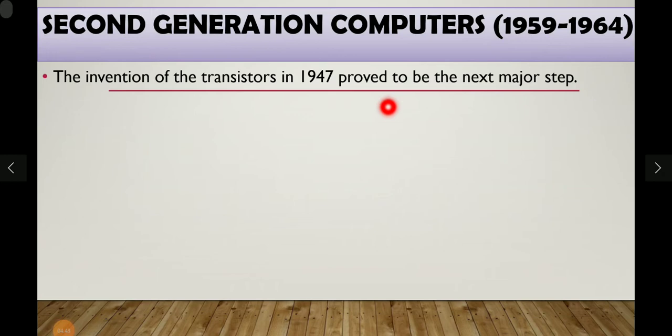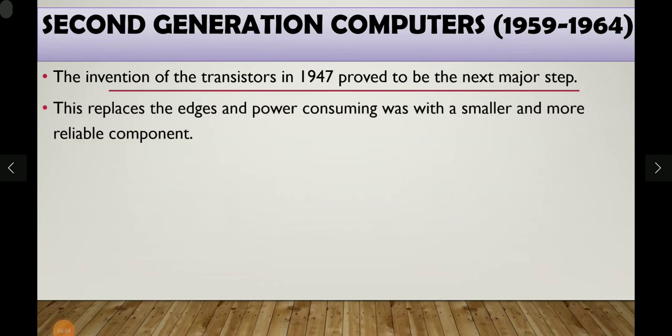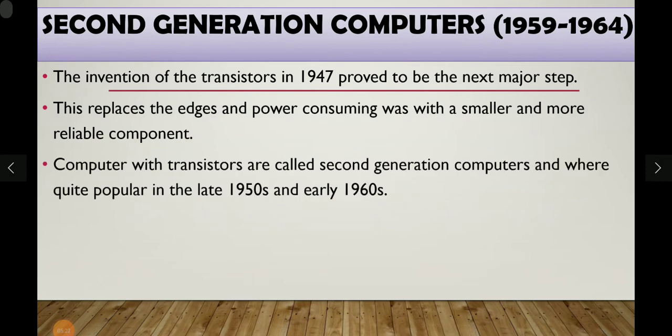This transistor was a major step to get the compact computers that we are using today from that bulky size. It replaced the power consuming tubes with a smaller and more reliable component. These transistors became a very reliable component to develop the second generation computers. Computers with transistors are called second generation computers.